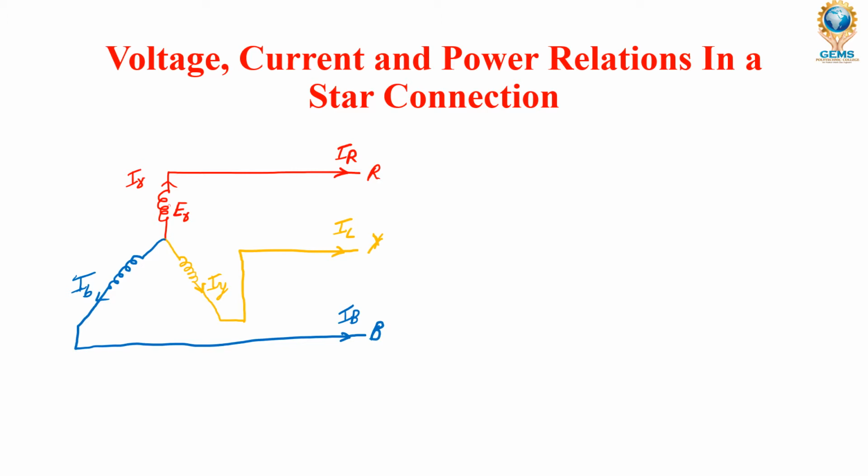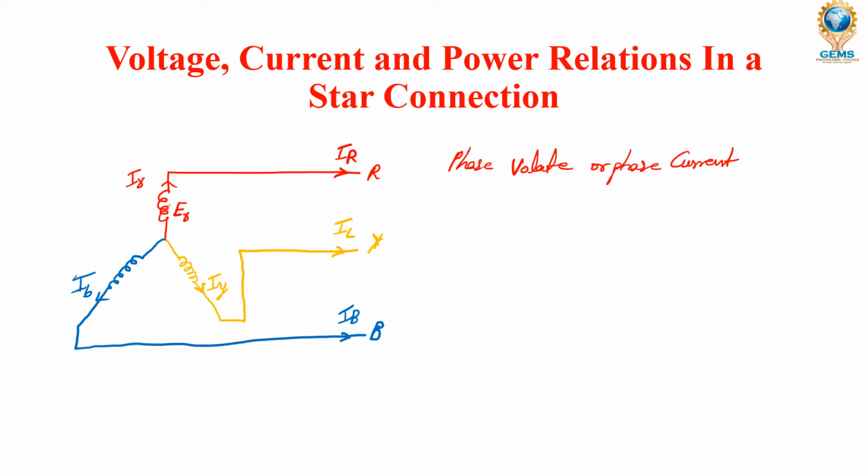Phase voltage or phase current means the current flowing in one phase we say phase current, but line current means it will be between two lines.